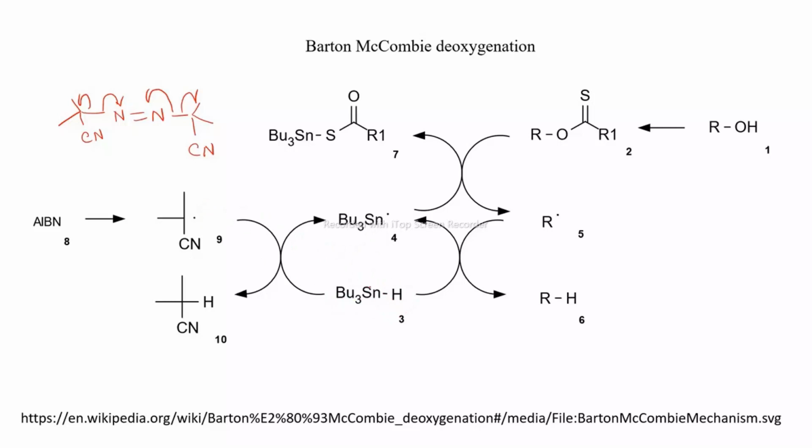So we will get this Bu3Sn radical. After that, this Bu3Sn radical will attack this xanthate ester. This bond will cleave, and from this we'll get this corresponding compound and this radical. And this radical again abstracts one hydride from this Bu3SnH and we get the deoxygenated product.